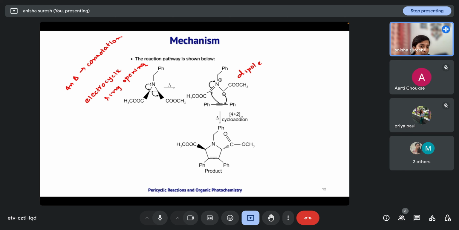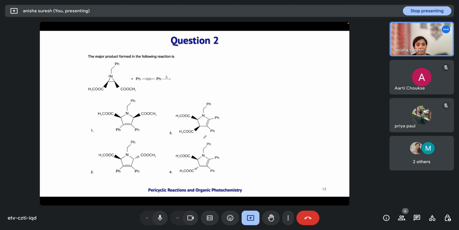It will undergo a 4 plus 2 cycloaddition reaction, and this will be the final product. So option 2 is the right answer. Any doubts?